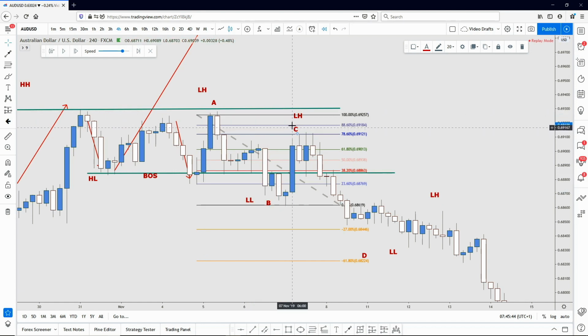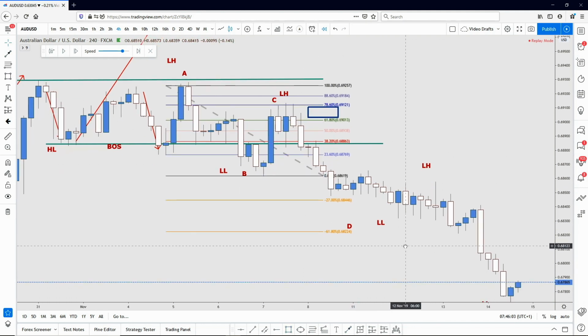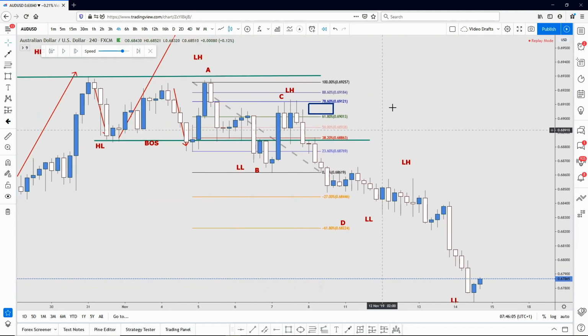Point C. Point C is also the next lower high. And if you look, we retrace to the sweet spot, 78.6 and 61.8. So when we see it hit the sweet spot, we can place a sell opportunity.